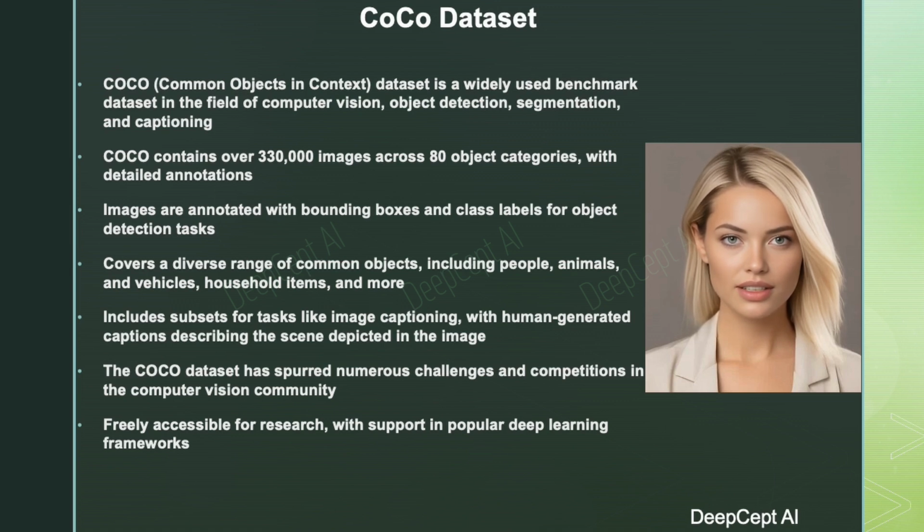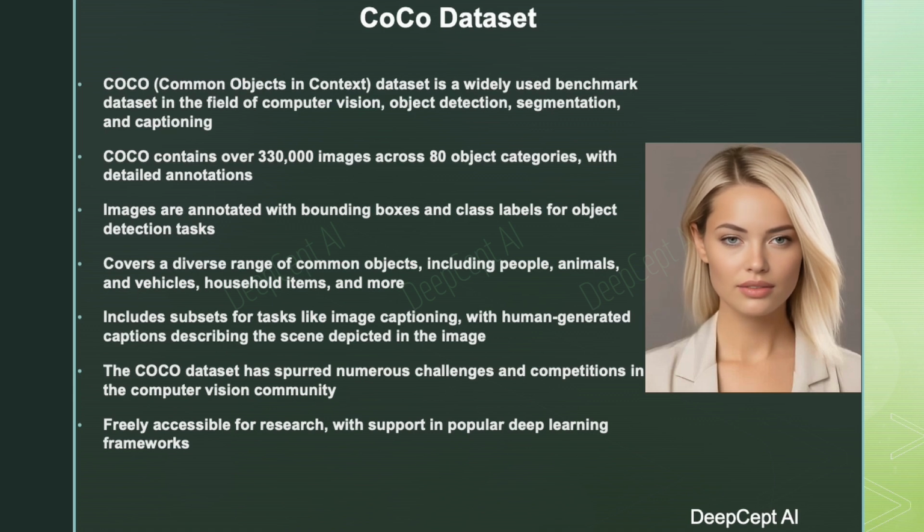The dataset covers a diverse array of common objects found in everyday scenes, ranging from people and animals to vehicles and household items. Beyond its broad coverage, COCO offers task-specific subsets tailored for various computer vision tasks, including image captioning, where images are paired with human-generated descriptions.